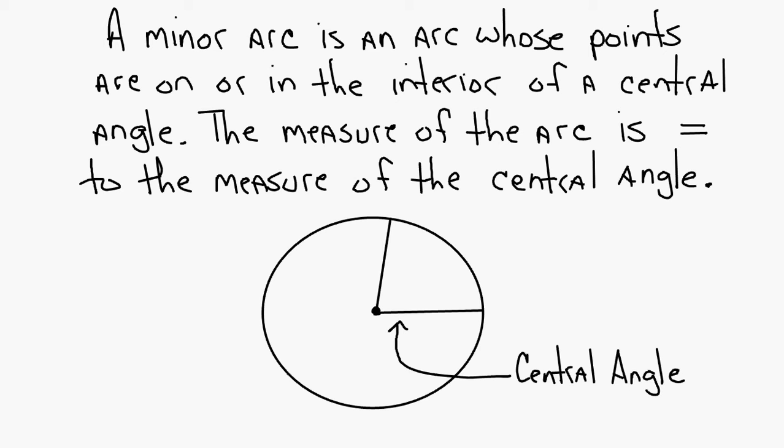Whatever this degree measure is of this central angle, let's say it's 85 degrees, then this arc measure, I'm going to use AB again, then arc AB is equal to 85 degrees.